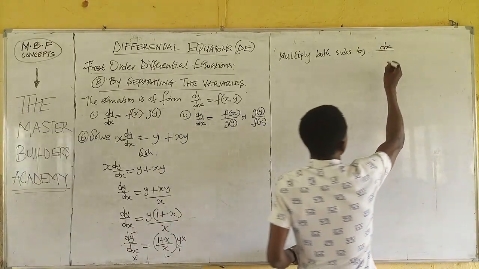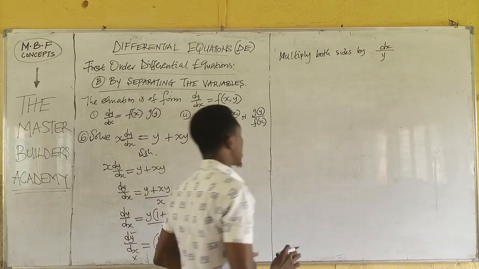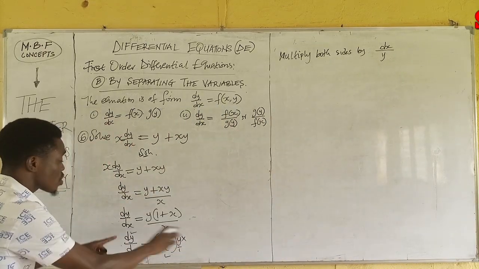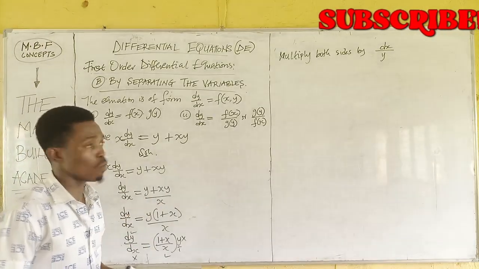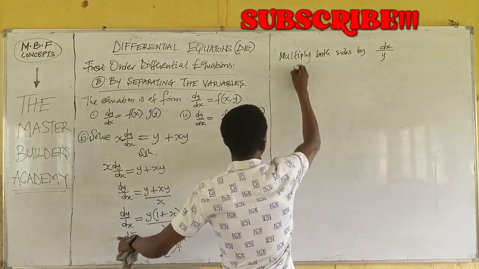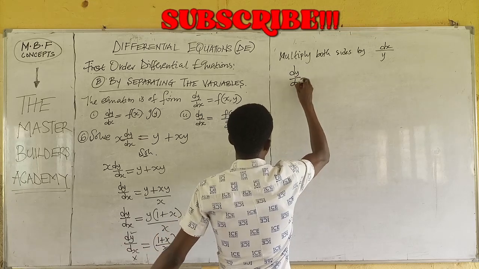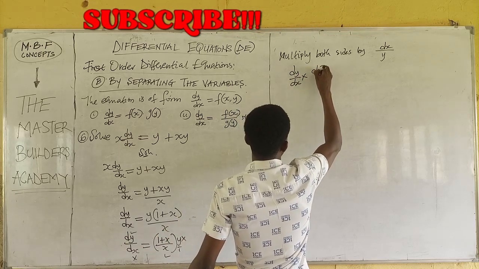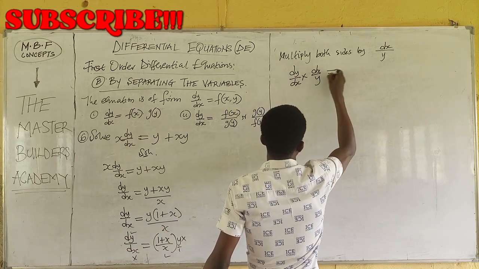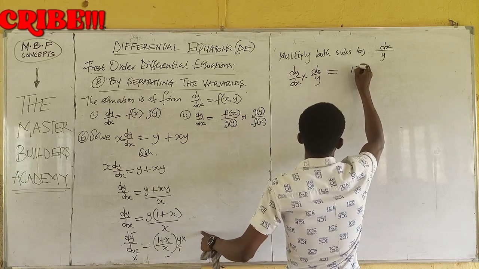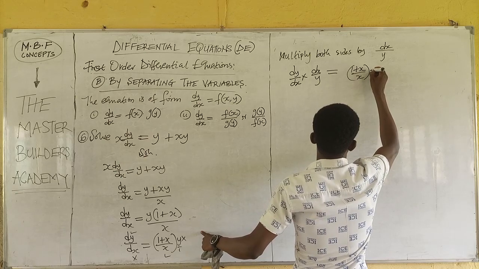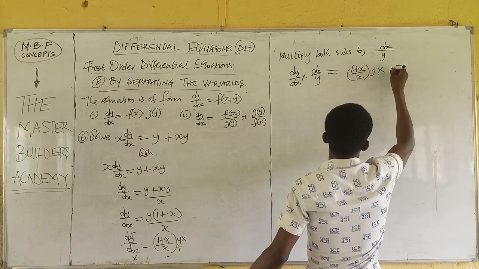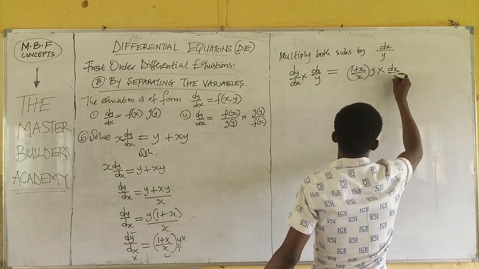Now we are going to have this as dx over y, so this is what we are multiplying both sides by. When we multiply both sides by what we have there, we are successfully going to separate x from y totally. So we have dy over dx times dx over y is equal to (1 plus x) over x times y times dx over y.